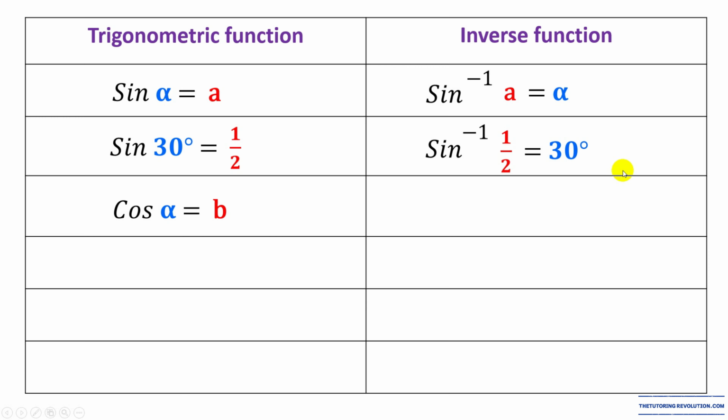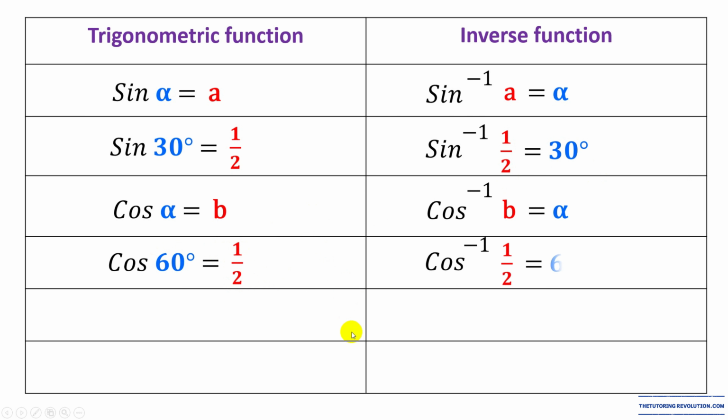Cosine of alpha equals B. So cosine inverse of B will equal alpha. As a numeric example, cosine of 60 degrees equals 1/2. So cosine inverse of 1/2 will equal 60 degrees.